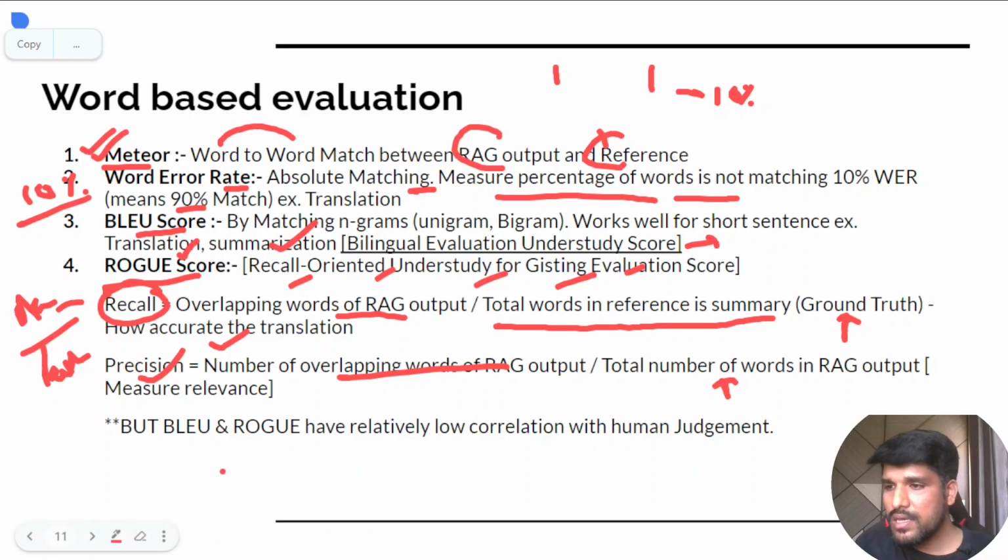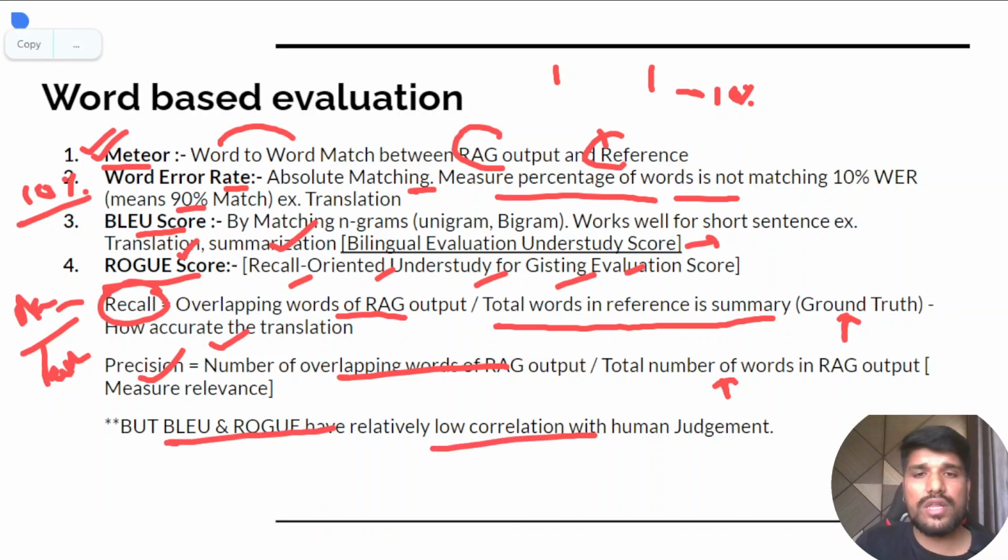But again, BLEU and ROUGE have relatively low correlation with human judgment. So these are mathematically good, but human judgment and this score can be much different. Yet these methods can be helpful if you want to do the evaluation of the RAG system.